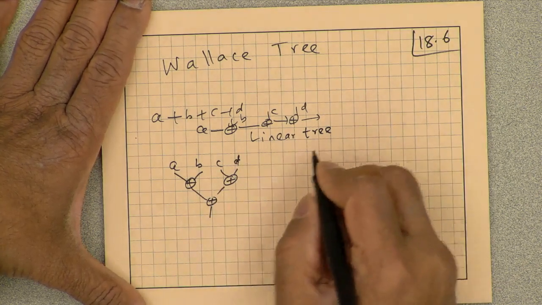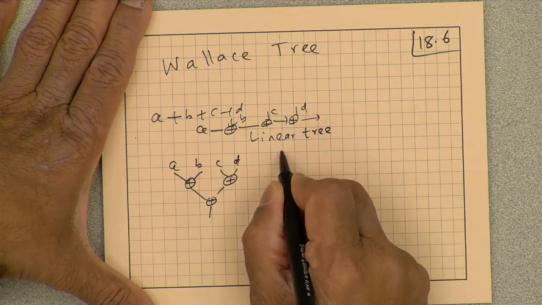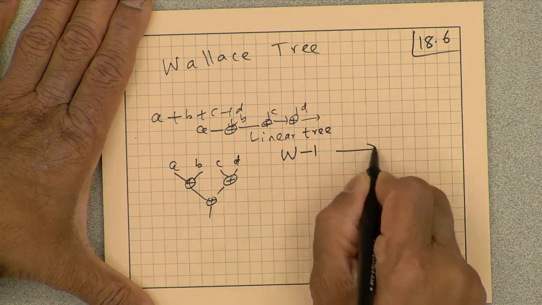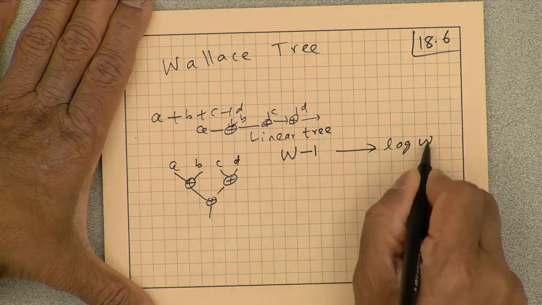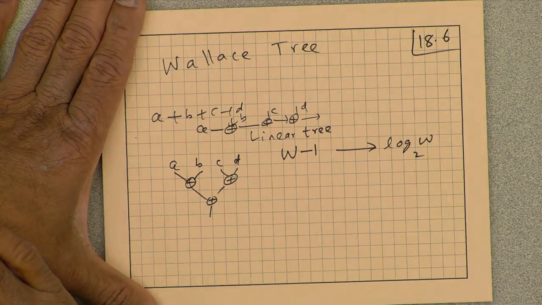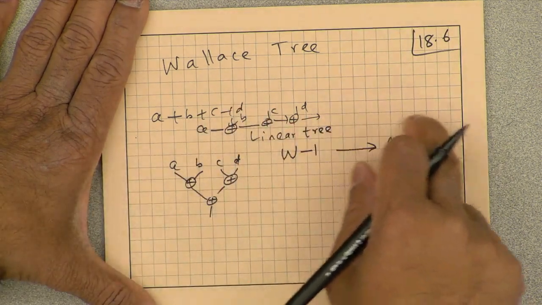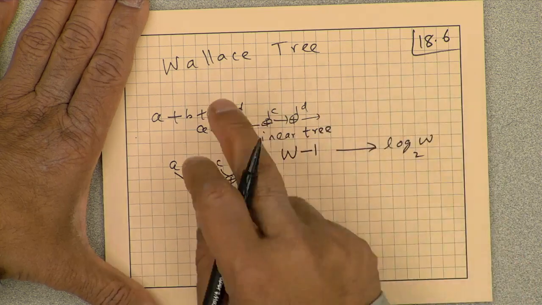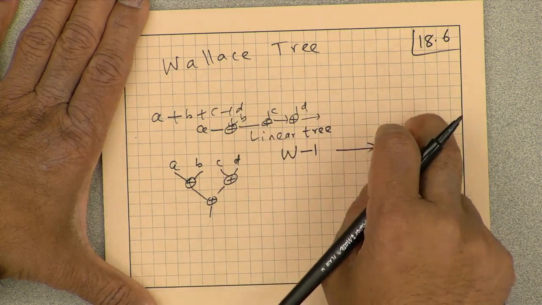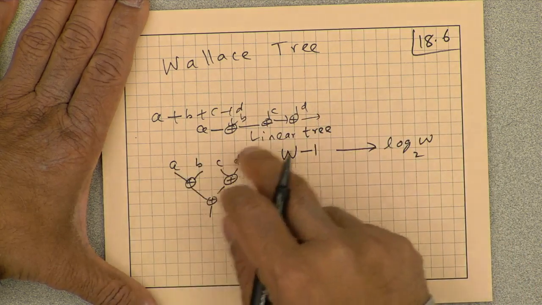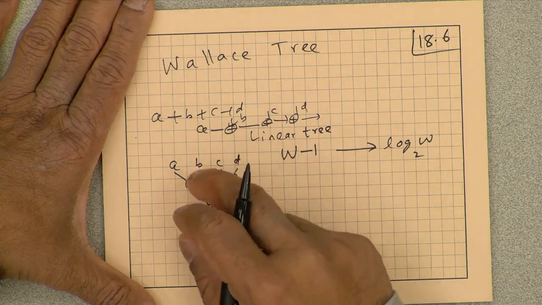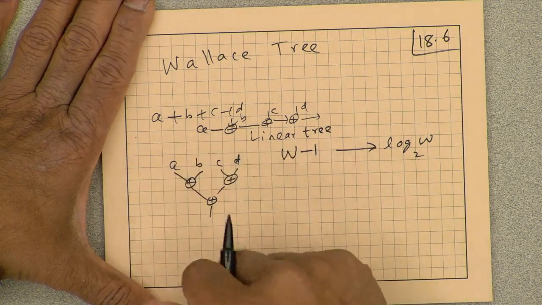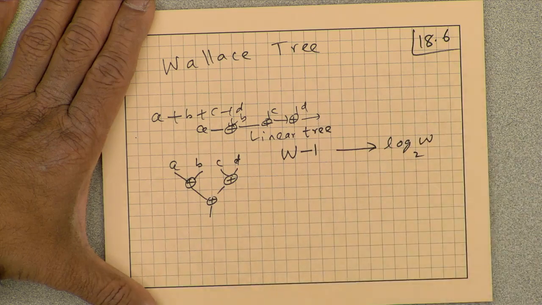So in case of add, the latency is reduced from w minus 1 to log w to base 2. If I have 128 things to add in a linear tree, the latency would be 127. And if I have 128 things to add, I can do that in log 128 to base 2 or 7 steps. So that's the latency 7.